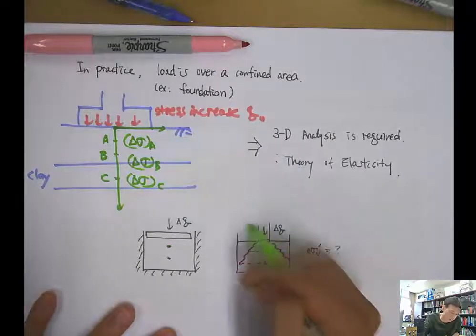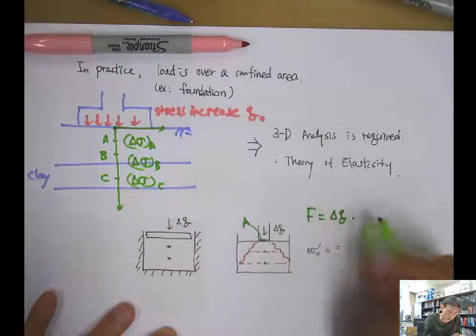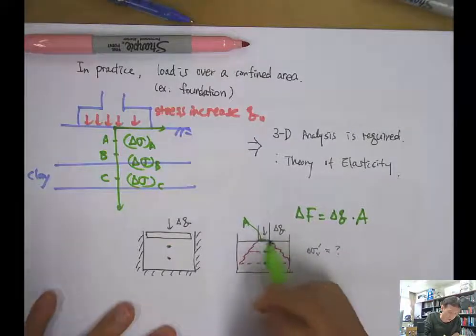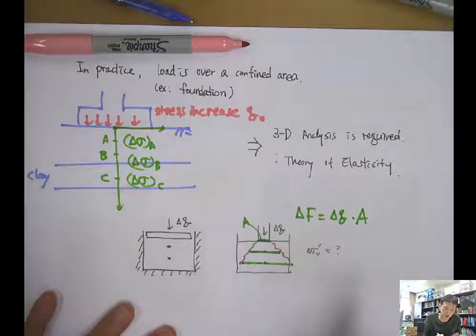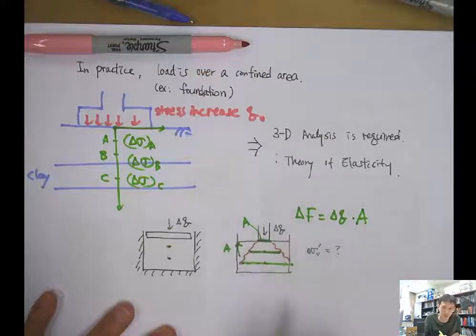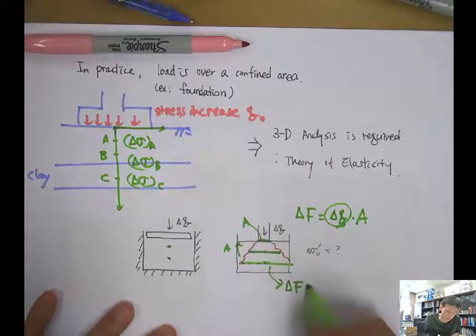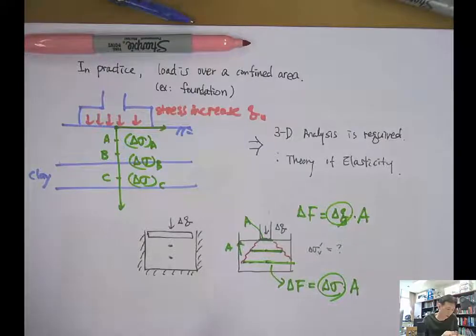If this is the area A, then the stress will be delta Q over A, and maybe this could be the delta F. The force will be preserved over the depth, but the area increases as you go deeper. So F is delta sigma times area, and the stress will go down.